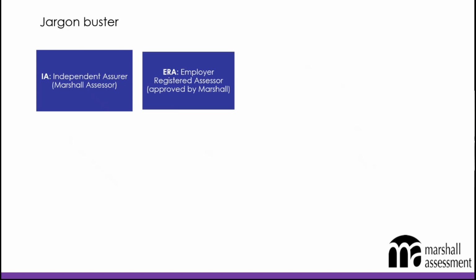We have built into this assessment plan the need during the observation, or the SAT, an employer registered assessor. So they will have a short training course of about 45 minutes with Marshall Assessment, and they will be there during your observation hurdle, that assessment hurdle, to assist the independent assessor to make sure that if there is anything which is specific to your organization and your role within it, that can be easily explained, so you don't need to do that.